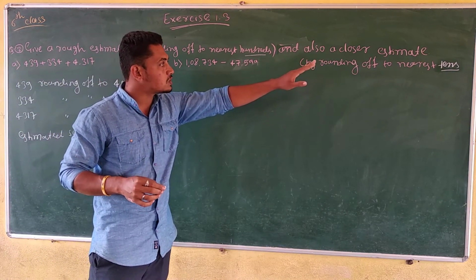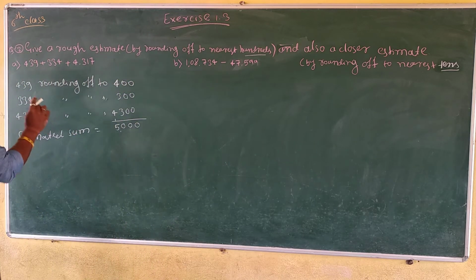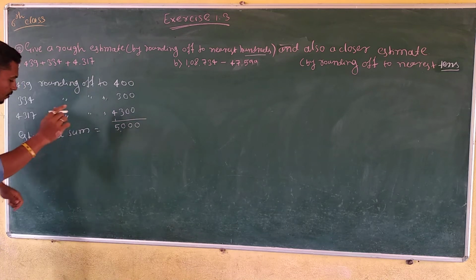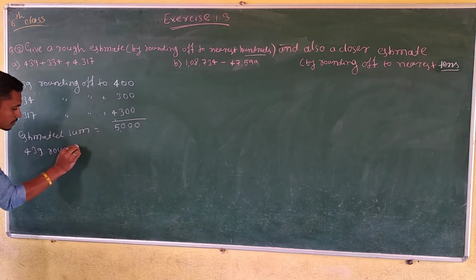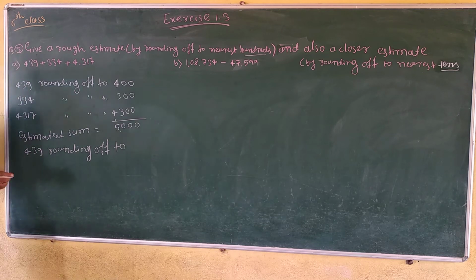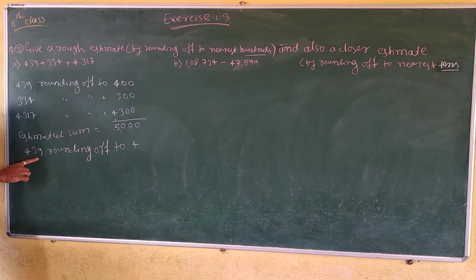Now we have to find the closer estimate by rounding to the nearest tens. Is it right? The earlier rounding was to the nearest hundreds. Now we have to find the nearest tens. So 439, rounded: the 100s place you write as it is. Now I think only about these 2 digits.